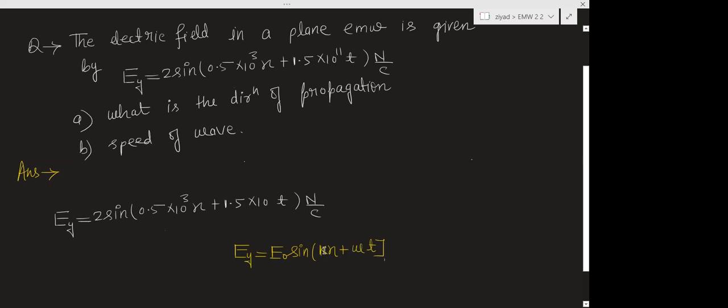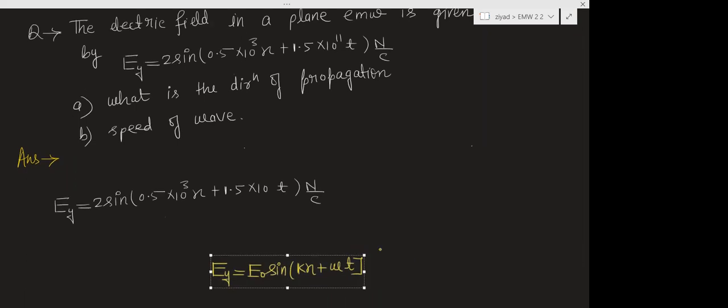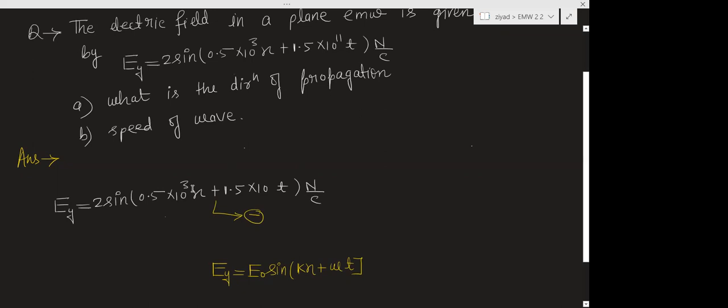With x there is k, and with t there is omega. And I have told you, if in between there is a positive sign, what will be the direction of the propagation? It will be negative, and this will be decided by this x. So negative x direction will be the direction of propagation.